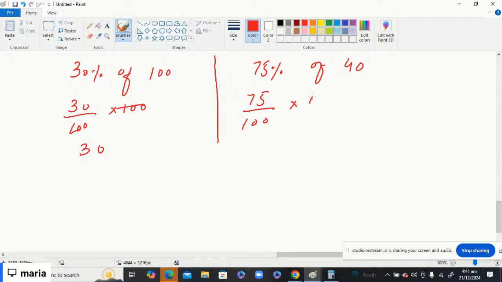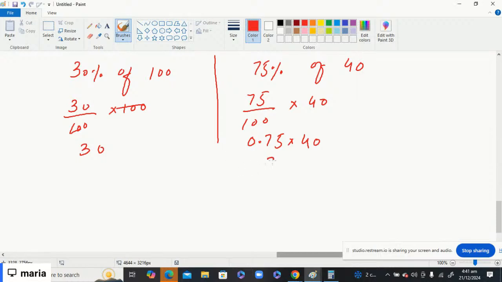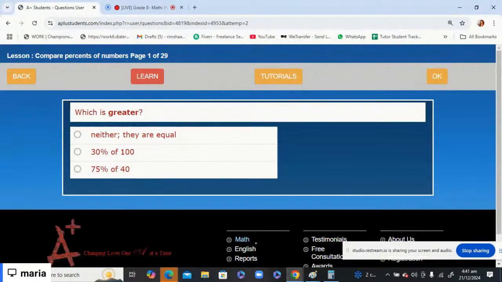Seventy-five over 100 times 40. It's just a multiplication now. Okay, so here the answer is 30. These both are the same, they are equal.